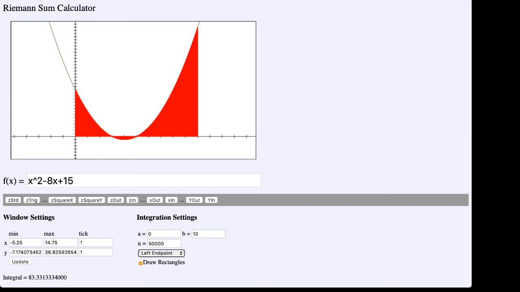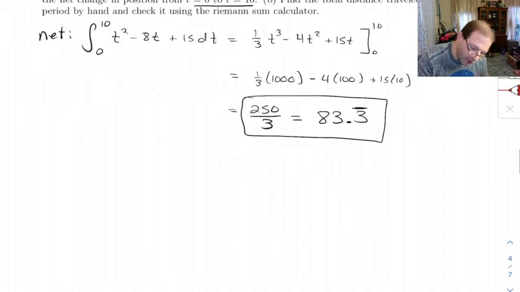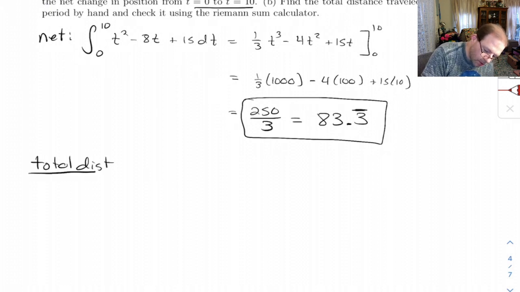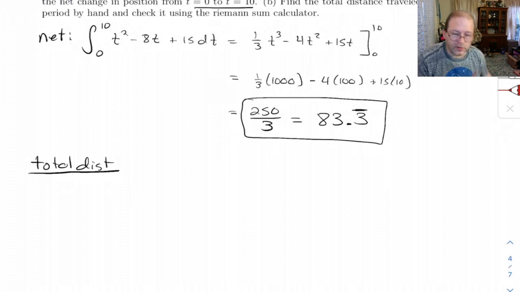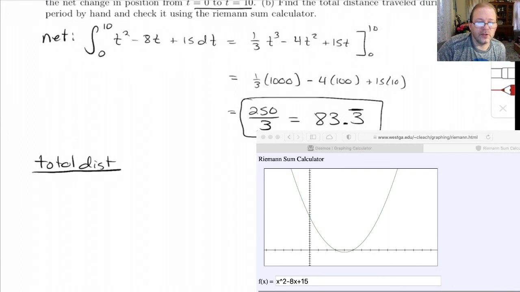Now, to do the other part, to do the total distance, well, what we've got to do is account for the times when it's moving forward and backward. Let's look at this for a second.